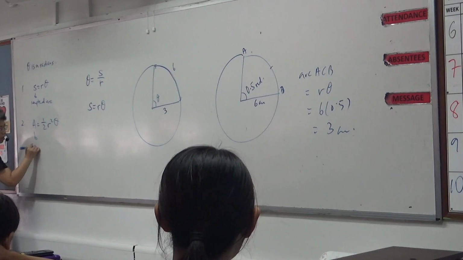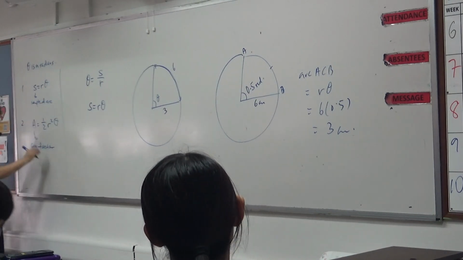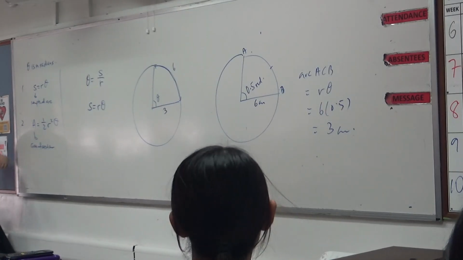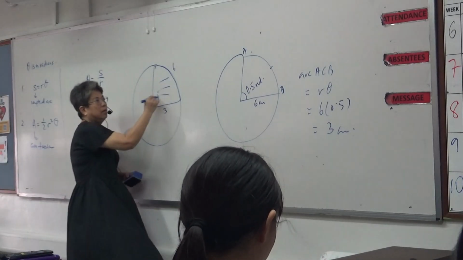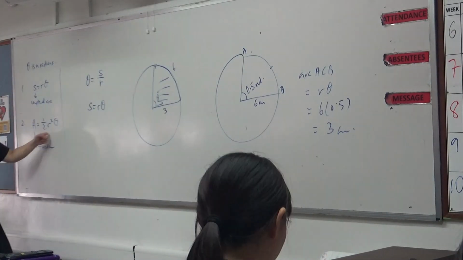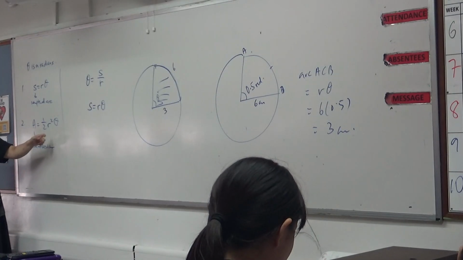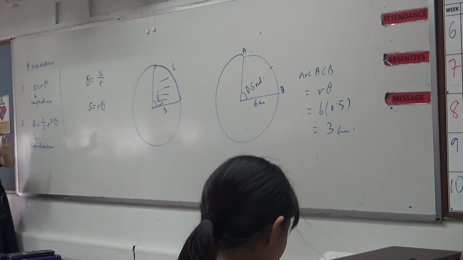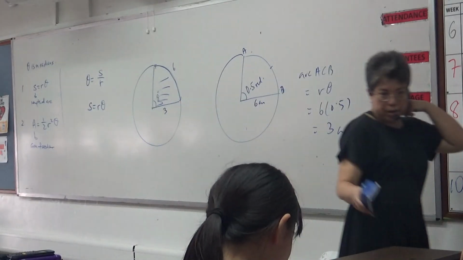This one is area of sector. If theta is in radians, the area of this sector is just half R squared theta. But if theta is in degrees, you cannot use this. So these two formulas are only applicable when theta is in radians.